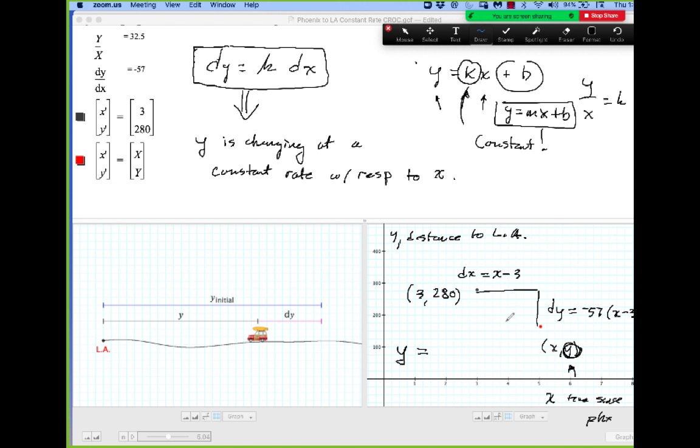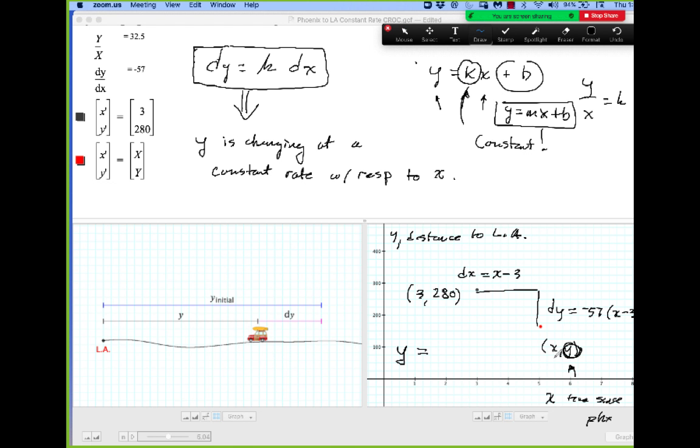So how about somebody new, Elizabeth? Every y is like our y final. So according to what we found so far, what will it be? You have to do dy plus our y initial, or like minus our y initial.